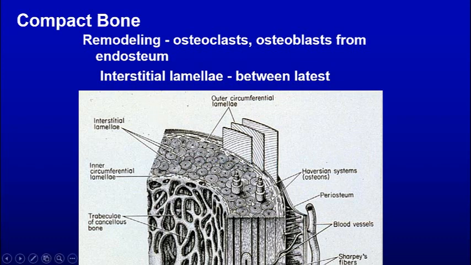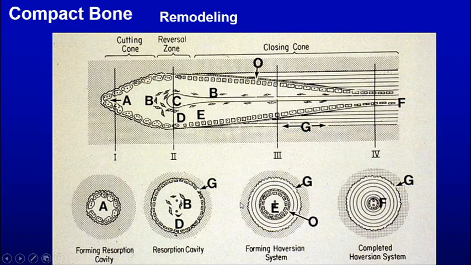In between there, sometimes you may have interstitial lamellae, that is lamellae that was not concentric with the last Haversian system, so it's in between. So there's varying ages of these. Sometimes it eats a new one, sometimes it leaves an old one, and the old one is interstitial lamellae. And so here it kind of shows you what's happening. You have the osteoclasts here with the cutting cone.